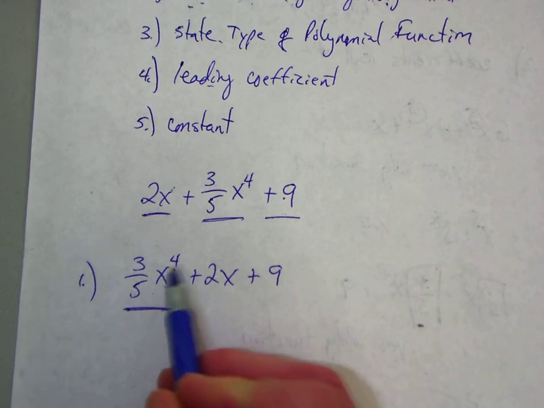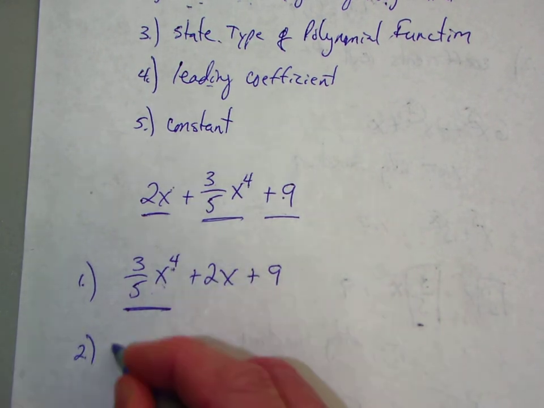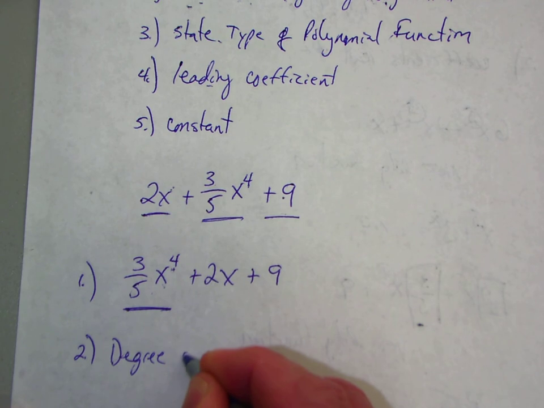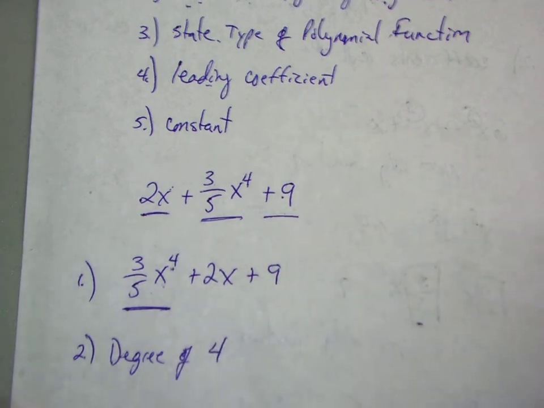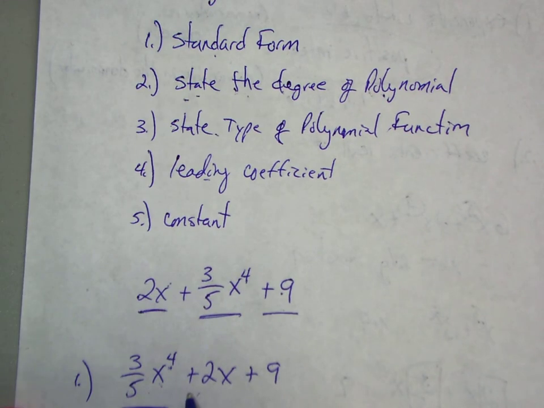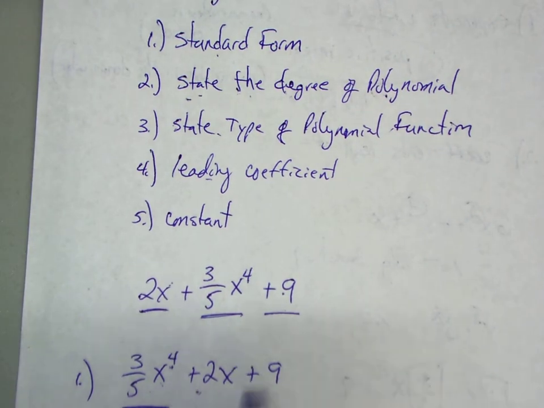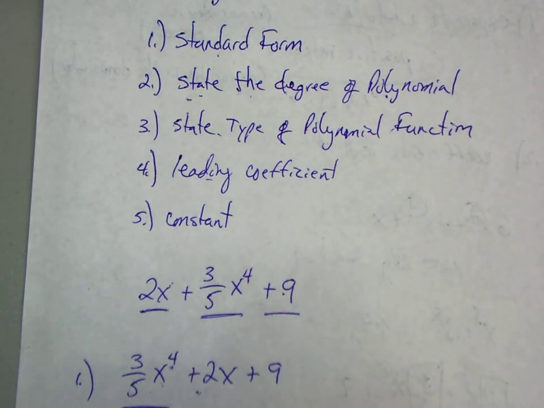That right there is your degree. So I have a degree of 4. This does mean something. It means that if I would set this equal to 0 and solve it, I could have up to 4 possible answers. But we'll get to that later.